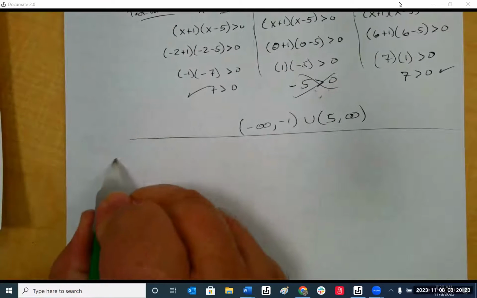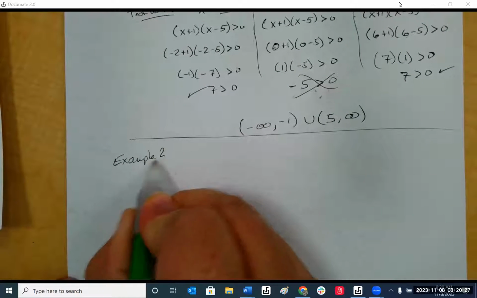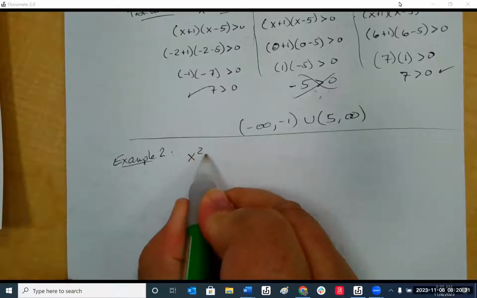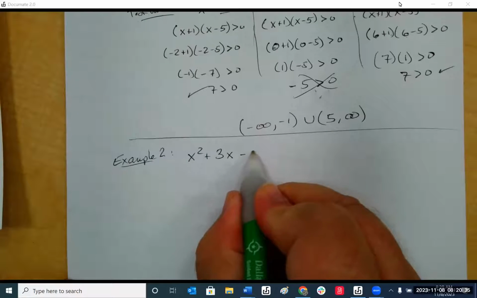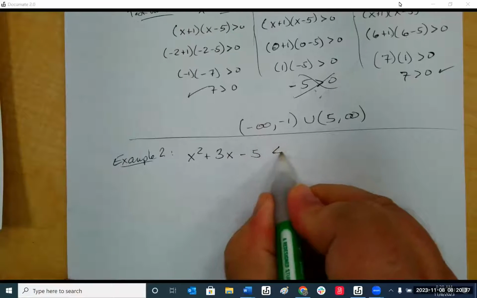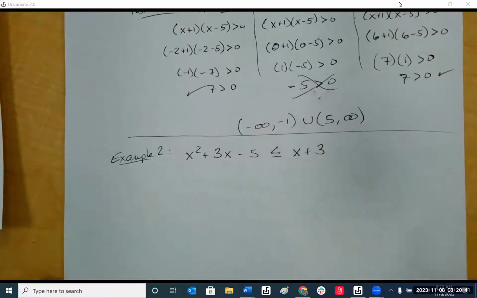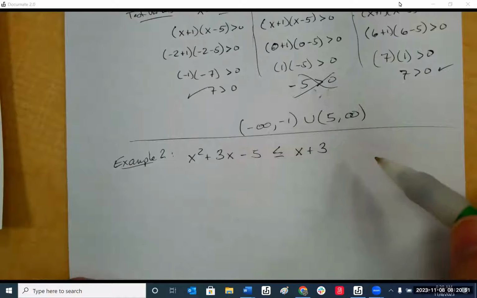Let's look at example 2. x squared plus 3x minus 5, x plus 3. There aren't any parentheses.